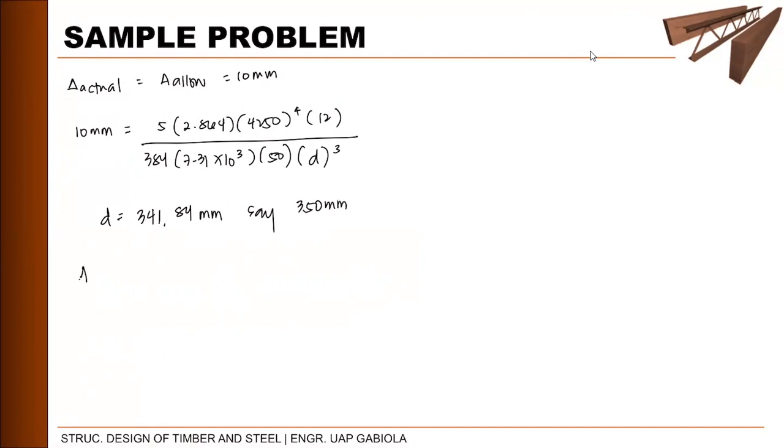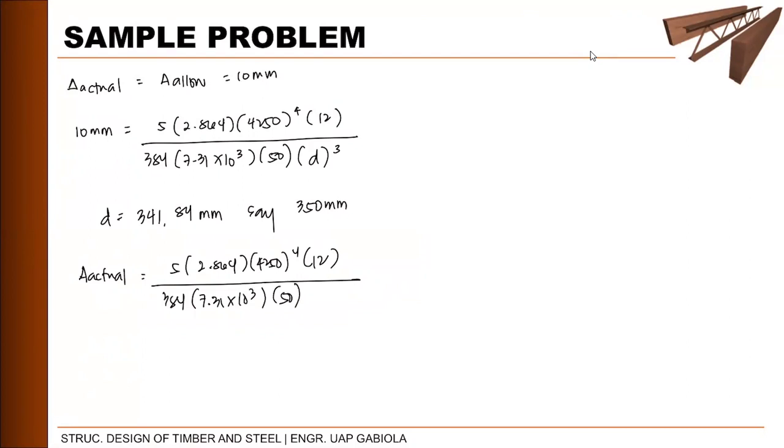So, tingnan natin, check natin yung actual. So, 5 times 2.864 times 4,250 times 12 all over 384 times 7.31 times 10 cube times 50 times 350.